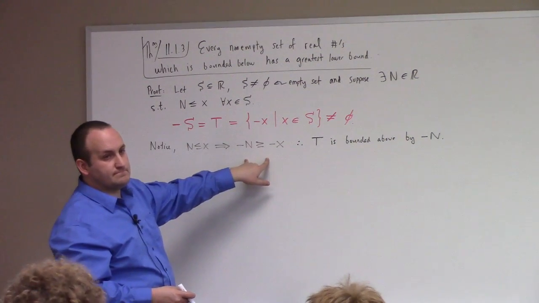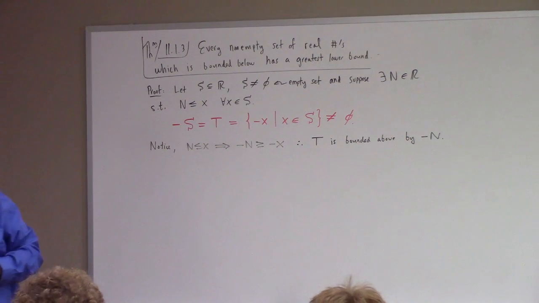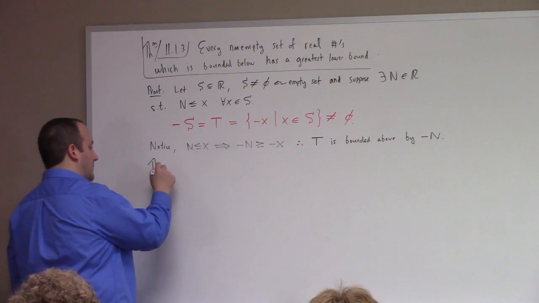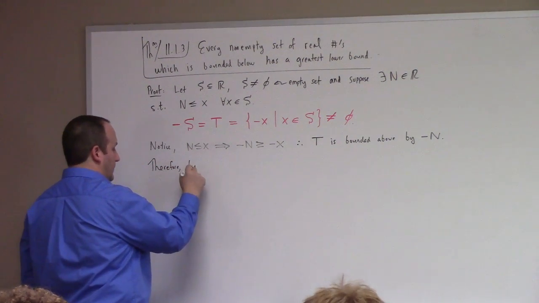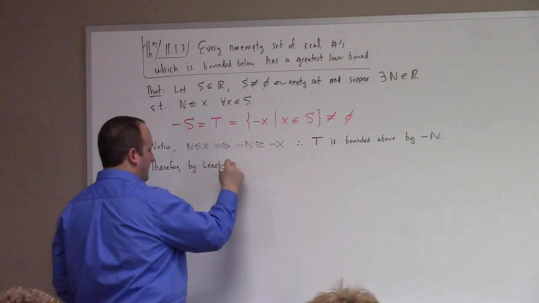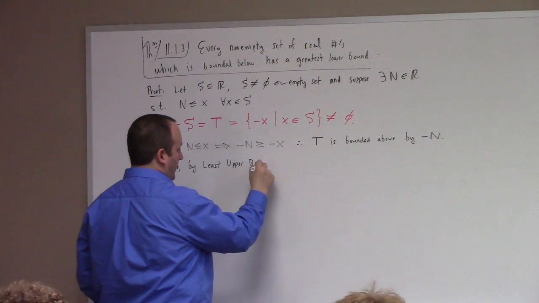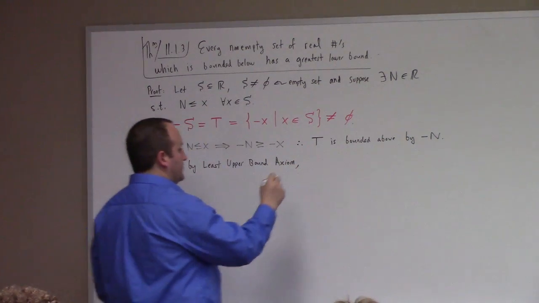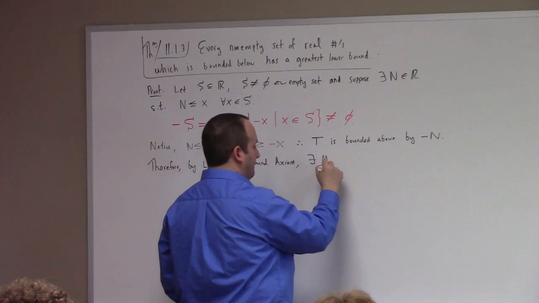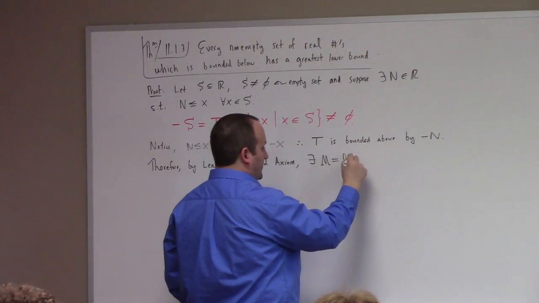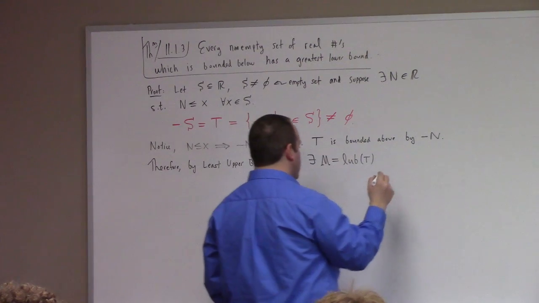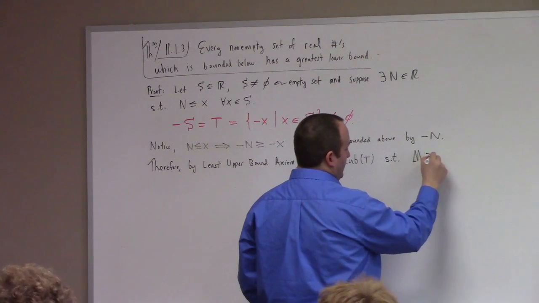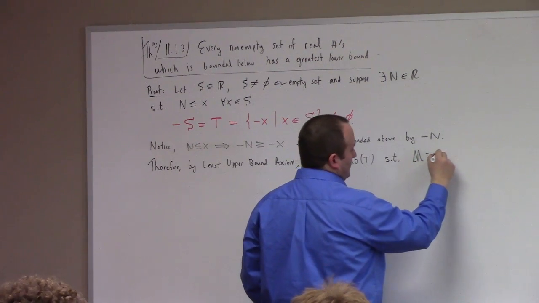So T is a set which is non-empty and bounded above. Therefore, by the least upper bound axiom, there exists, let's say, M, which is the least upper bound of T, such that M is greater than or equal to, well, not x.